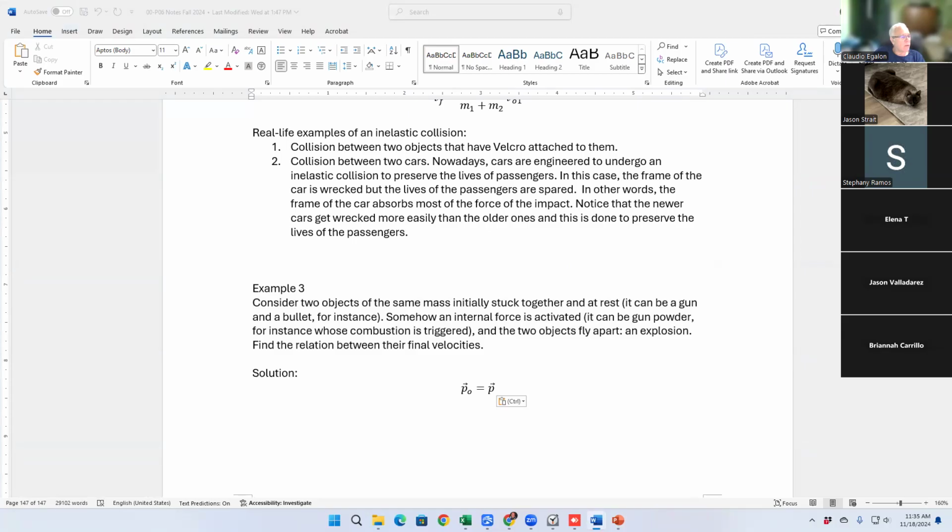What does it mean that momentum must be conserved? We do know that the initial momentum is equal to 0 because both masses are at rest. Consequently, the final momentum must also be equal to 0.